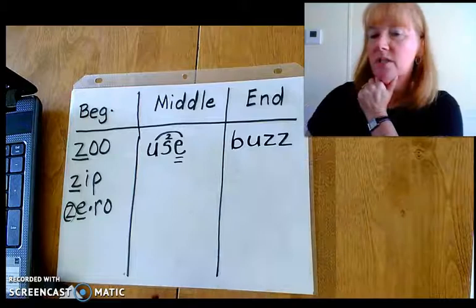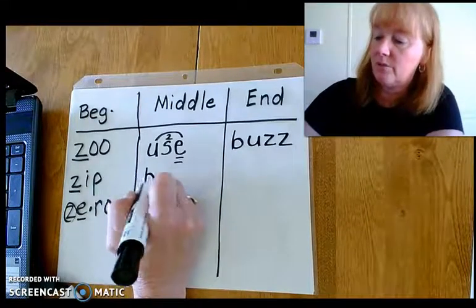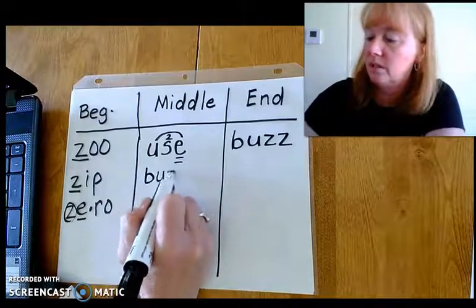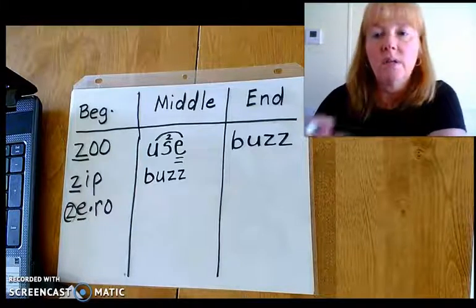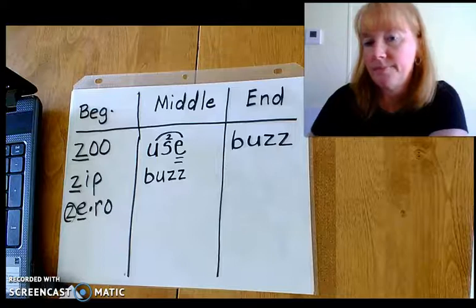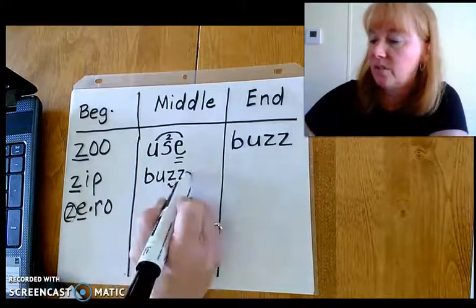Did you remember two Z's? Good job. Okay, so if we write the bee buzzes, we put buzz, and then to make it plural, do we add S or ES? Do you remember? Z is considered a hissing sound at the end of the word, so it has to be ES.